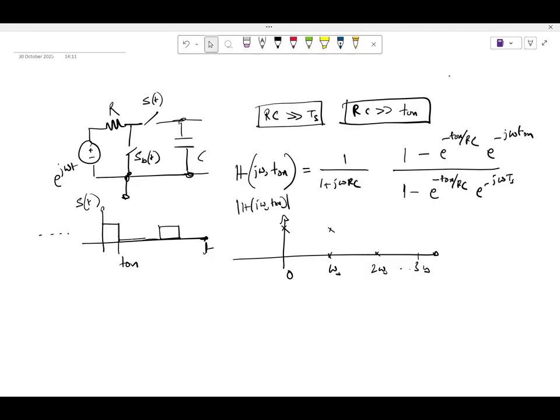But again, we got a 0 at 4 omega s, right? Here we got something, but you got a 0 here, correct?